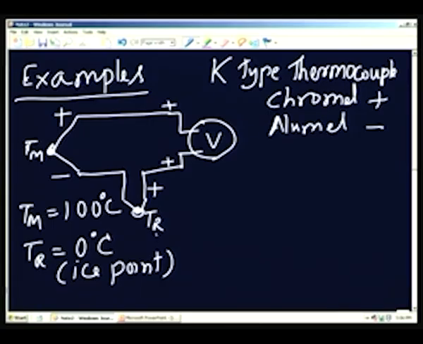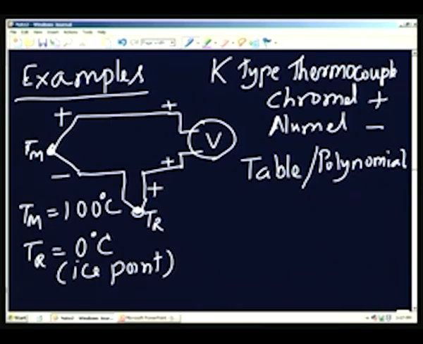So if the reference temperature is at the ice point and the measuring junction at 100 degrees, we can refer to either a table or we can use a polynomial which we have already indicated earlier, and obtain what is the value of voltage we would be measuring. In this case, from the table we take the value of 4.095 millivolts.